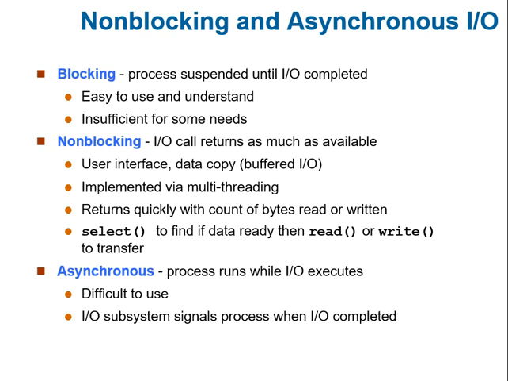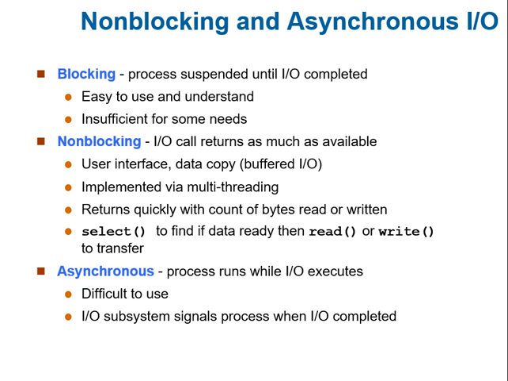Right? If, let's say, the I/O usage of a process is very long, then many processes are required to wait. And then non-blocking: normally an I/O call returns as much as is available. If it is available, they just offer it to use.